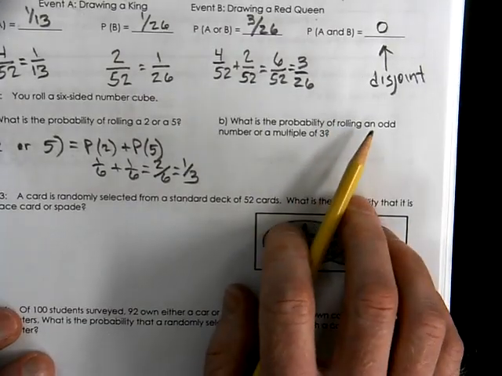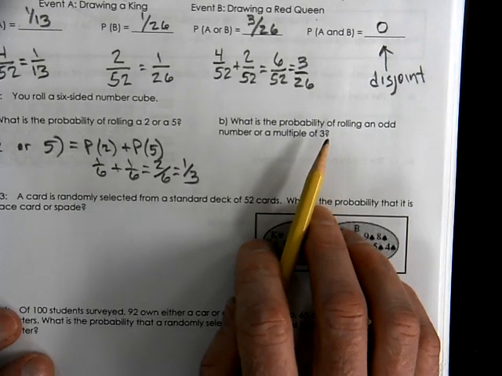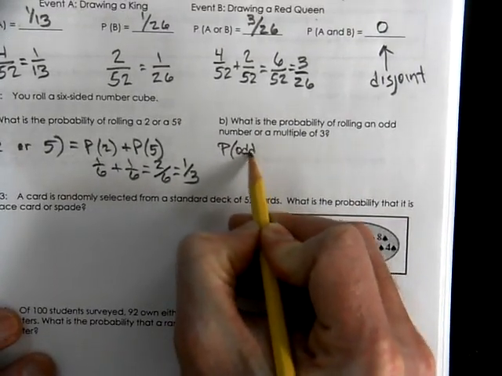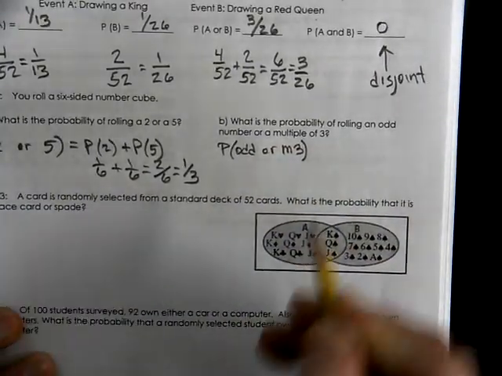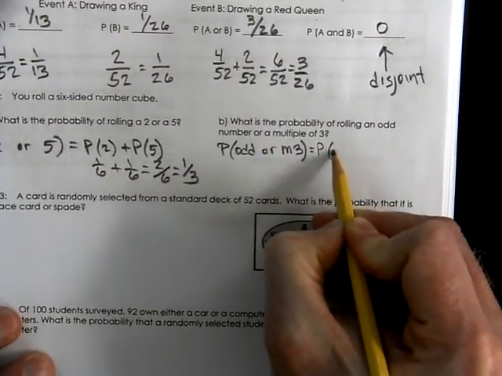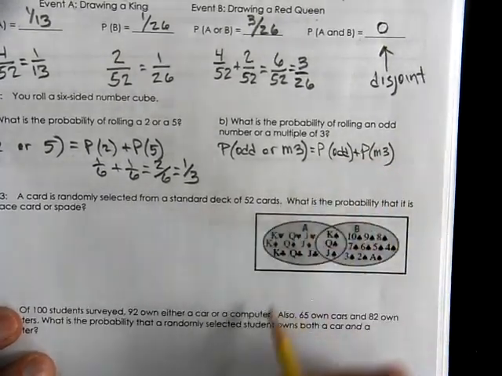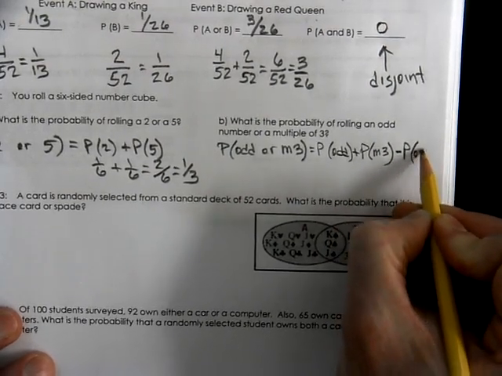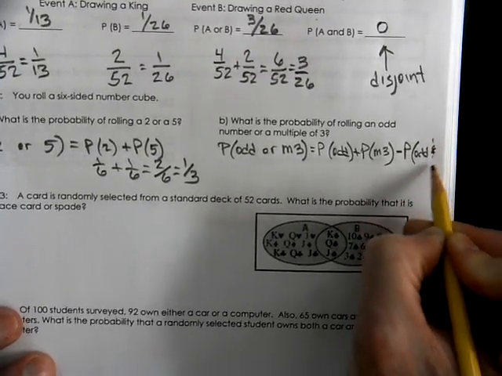How about the probability of rolling an odd number or rolling a multiple of 3? So, probability of odd or multiple of 3, I'll just use M3, is going to equal the probability of odd plus the probability of M3, multiple of 3, minus, if there's any overlapping, where odd and M3 occur.